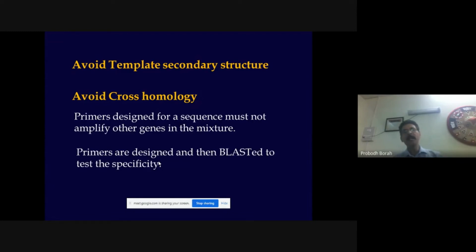If it shows similarity to a number of different organisms, not only restricted to the desired organism against which we are designing the primer, then we should avoid such primers because they will not have specificity. Specificity will be lost. So this has to be ascertained.